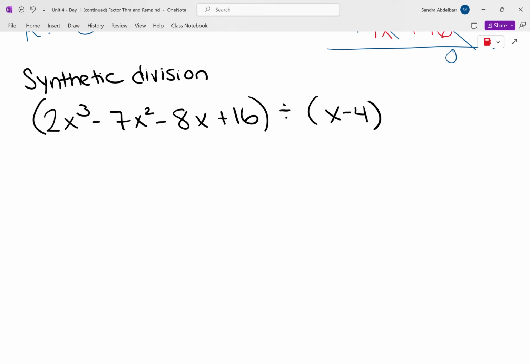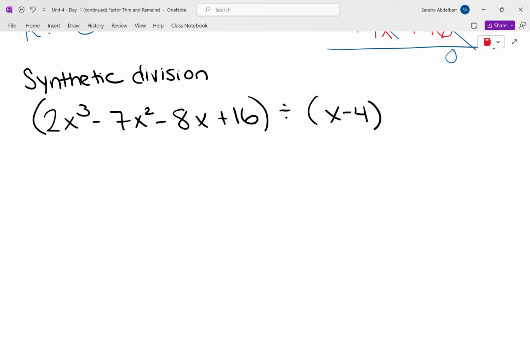Remember, you can only use synthetic division if the degree of the divisor is 1, meaning if there's an exponent on that x bigger than 1, you cannot use synthetic division. Now we look at the dividend, what's getting divided. Is every exponent accounted for? 3, 2, 1, constant. We're good here.